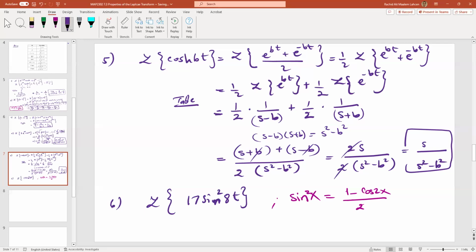So here that's going to be, let's put this 17 outside here. So sine squared of 8t will be 1 minus cosine of 8 times 2, right?